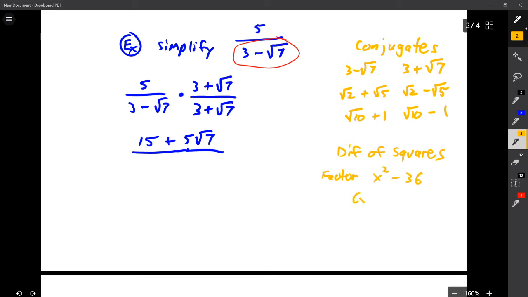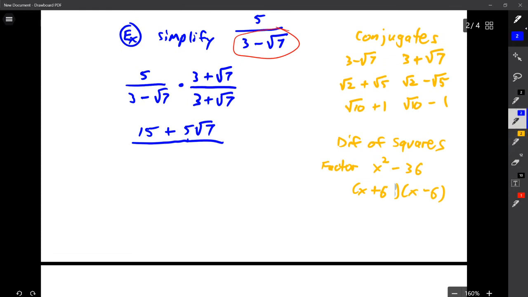And we factor that as x plus 6 times x minus 6. Okay? And that's kind of what we have going on here. When we have 3 minus root 7 times 3 plus root 7, this is why we use this to our advantage. I mean, I could go ahead and show the full multiplying out.